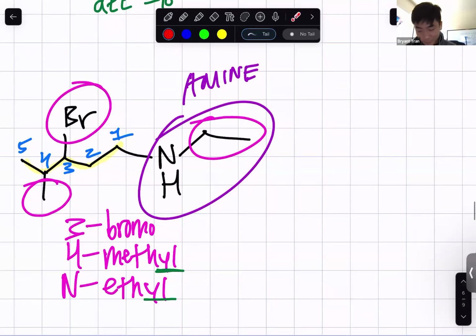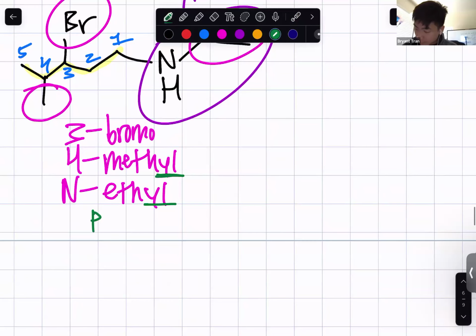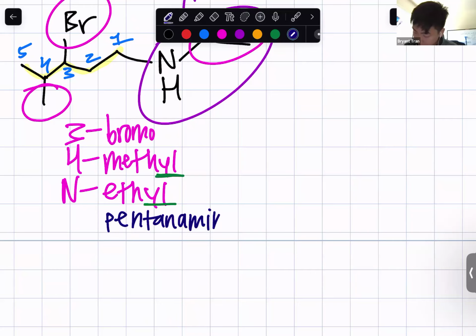Now, I don't remember if the N will always be first or do we put it together, because I know that the longest chain, because it's 5 carbons long, will be pent, and because our highest priority group is the amine, we will have pentanamine at the end, right?